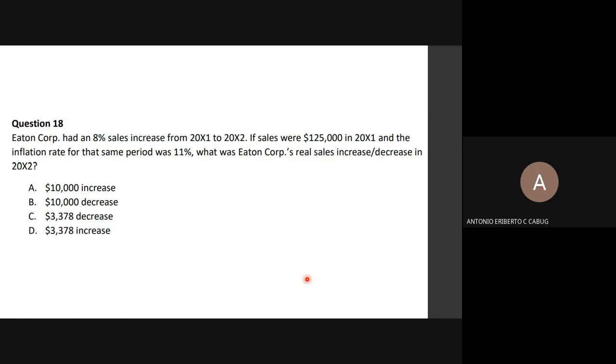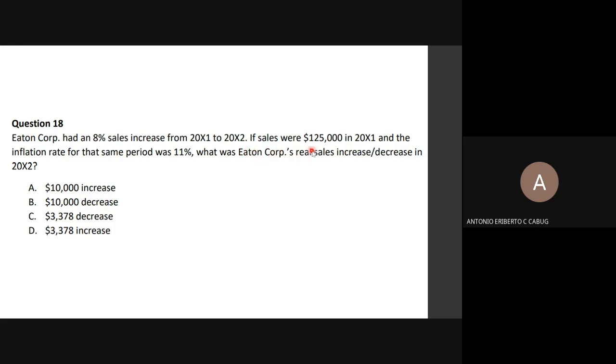We'll give you 30 seconds more. Tanggalin niyo yung effect ng inflation, ha? Tumaas ba o bumaba yung sales? Eaton Corp had an 8% sales increase from 20x1 to 20x2.